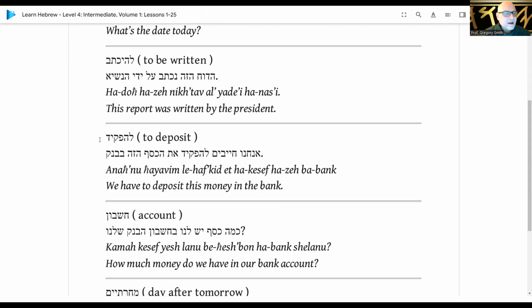Look at that. Lehafkid. To deposit. So this lamed is the to part. And then hafkid has to do with depositing. So let's see how else lehafkid can be used. Lehafkid. To deposit.